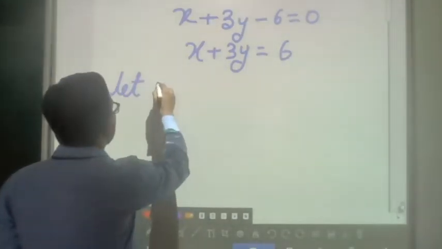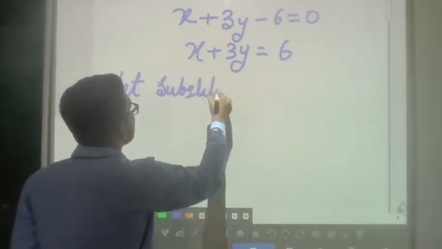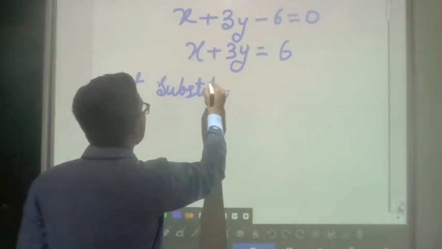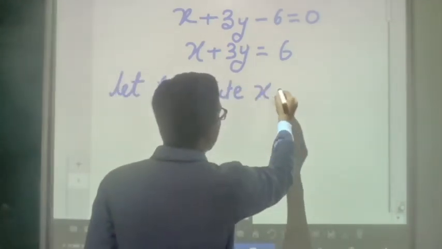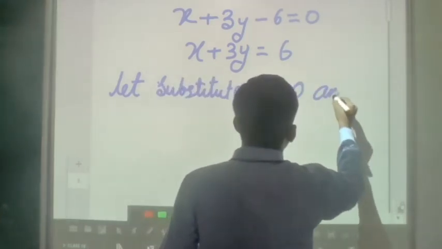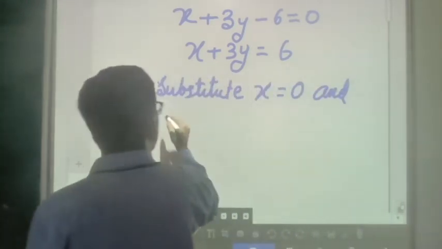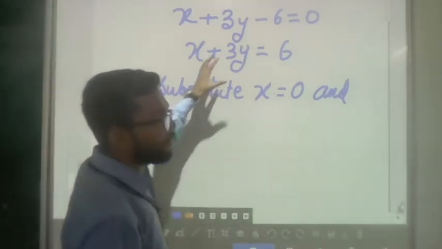Let's substitute x is equal to 0 and y is equal to 2 in this given equation.